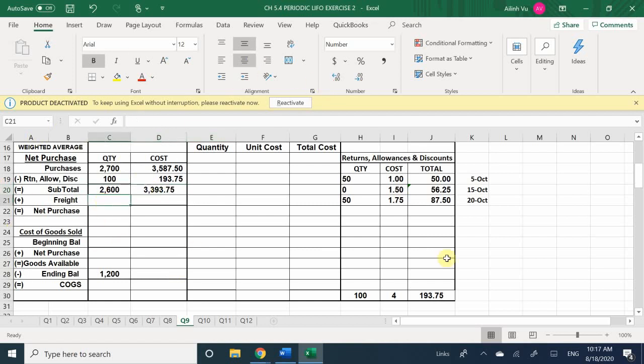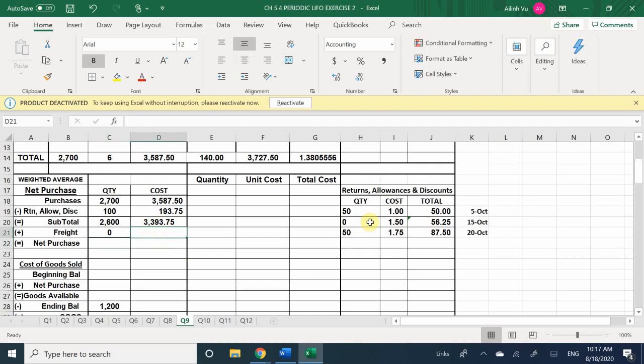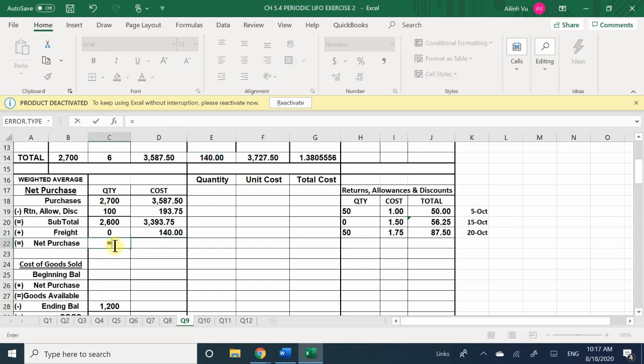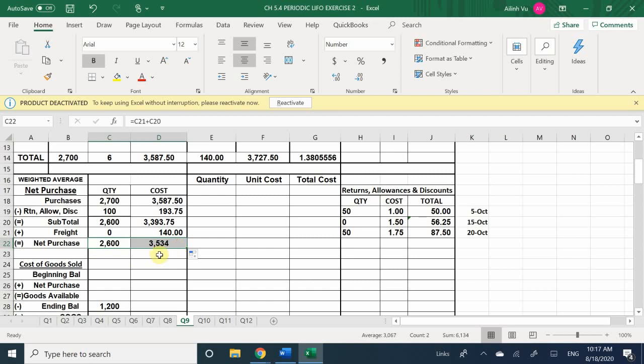All right. Freight does not increase my inventory number, but it increases my total cost. So what was my total for freight? 140. 3533.75. Okay, you already added it already, right? Yes, 3533.75. Okay, so let me expand that real quick.